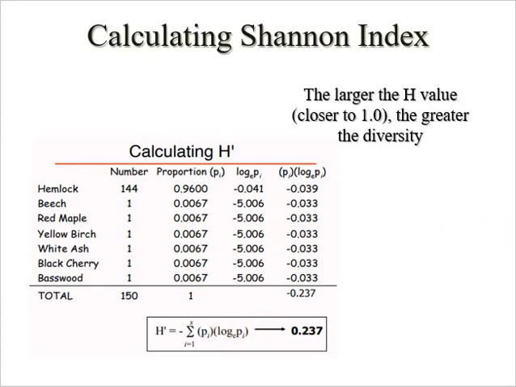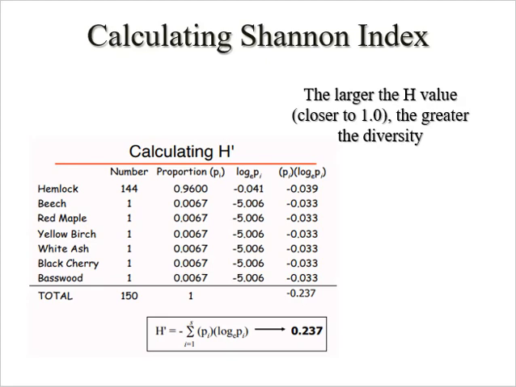Now, with these values, you get values that generally range between 0 and 1.0. Now, the larger the H prime value, meaning the closer it is to 1.0, the greater that diversity level.